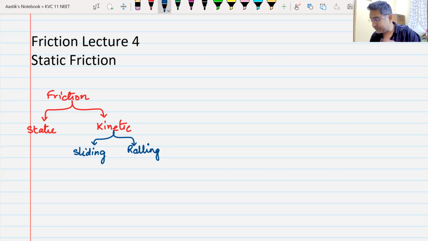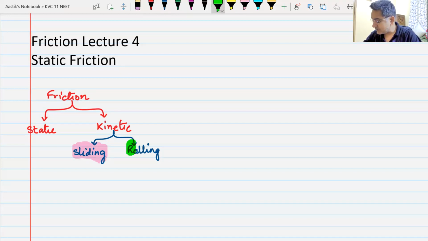Which friction have we covered? Sliding friction. Yes, we had covered sliding friction because this is the only friction that is in your course.